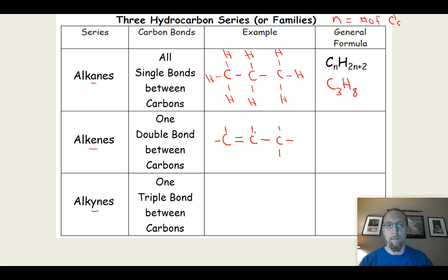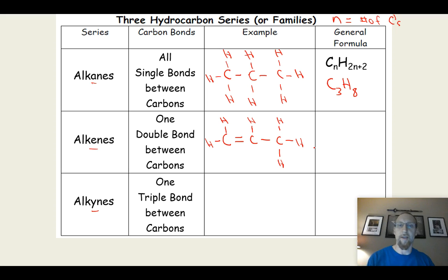So when I have a double bond here, that's now taking away two hydrogens that could have been bonded to this compound, right? So look at how this up here compares to this down here. By me forming a double bond here, look, I lost these two H's, right? So now we would call that an alkene because we have our double bond there.